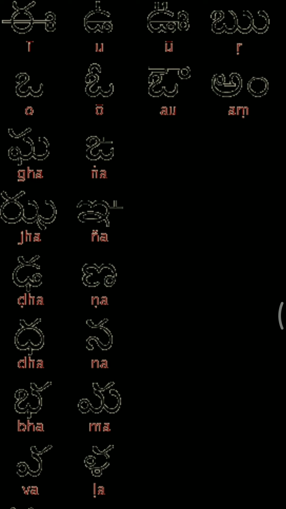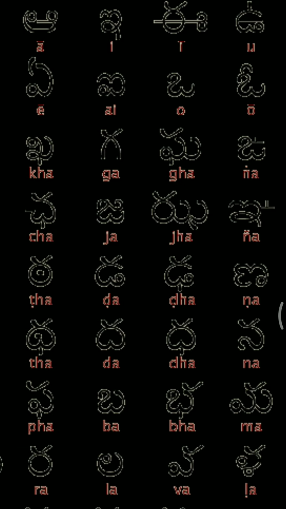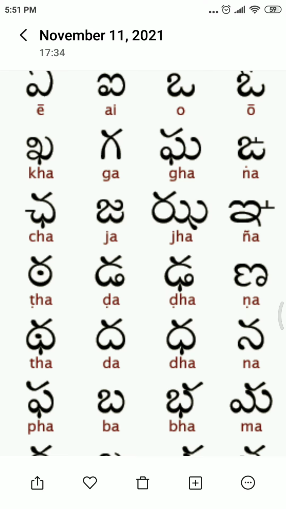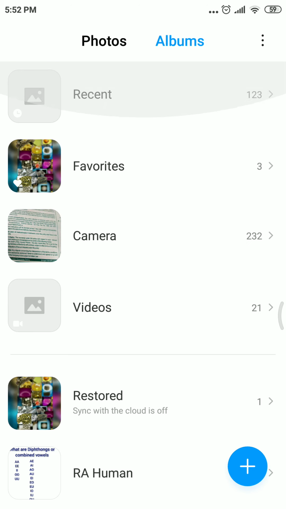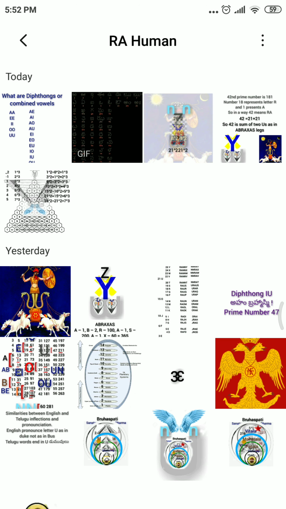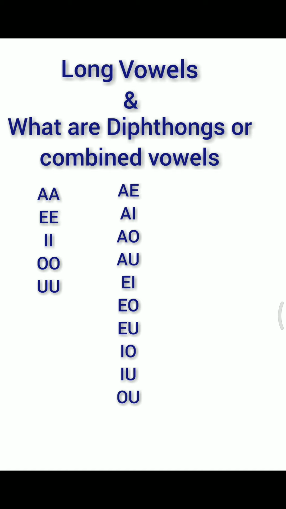This letter is ow, AU, and this letter is AI. Like that, we have different diphthongs. In fact, our language has 56 letters altogether. These are the combined vowels or diphthongs.